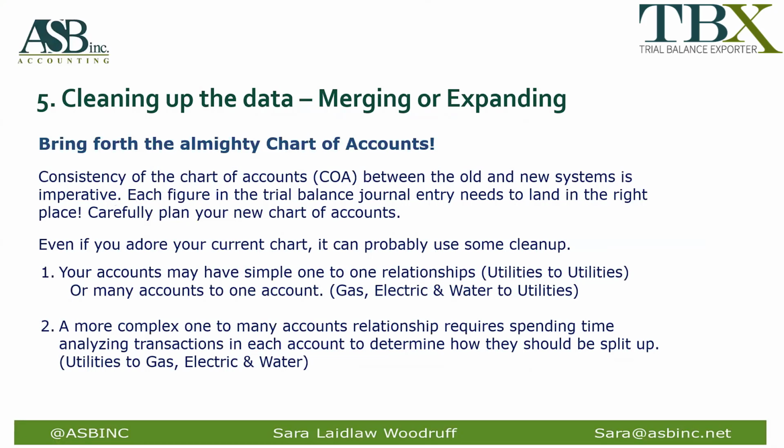More complex is if you have utilities and they say, oh, I wish it had been broken out by gas, electric, and water. So there's an extra value that you can bill for, which is to analyze transactions in the general ledger and determine how to split those up. And then split those up in the source data before you generate your journal entries.